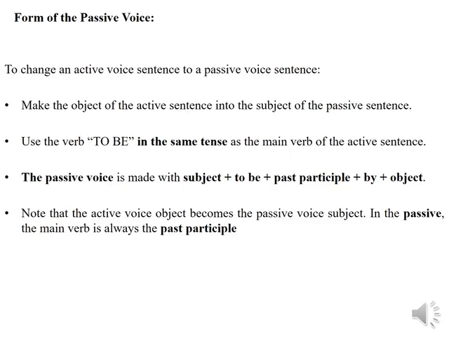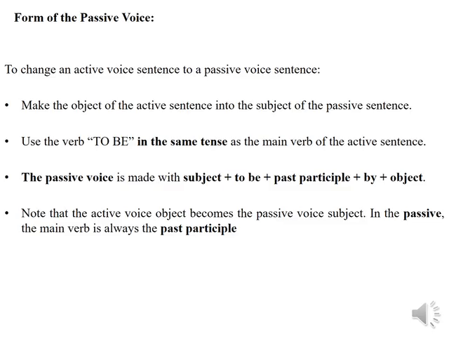You can see these elements that we have under passive. Number 1 is the subject. Number 2, it must have a be verb. We're talking about is, am, are, was, were, being, been, and be.